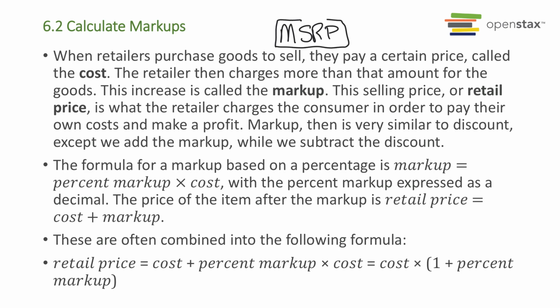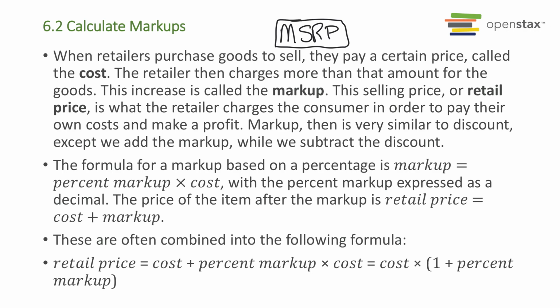So if you ever see MSRP, that's the manufacturer's suggested retail price. You see this a lot with cars. When the car gets shipped to the car dealership, this is what Ford, for example, would tell the dealership that they suggest it being paid for.